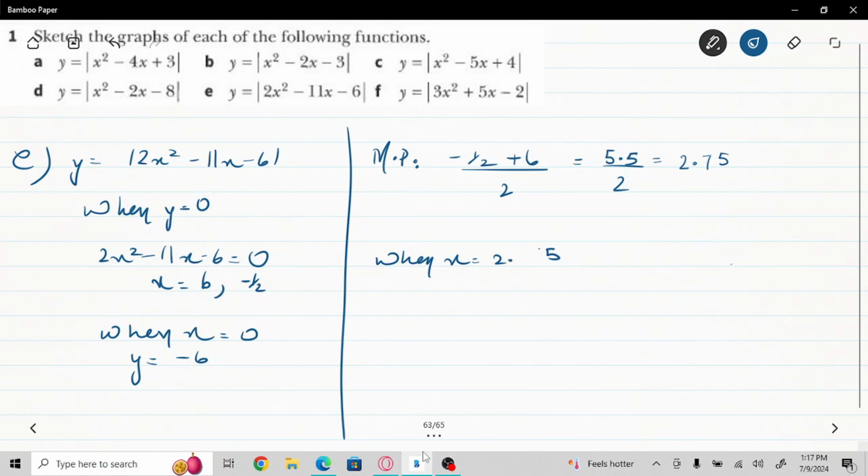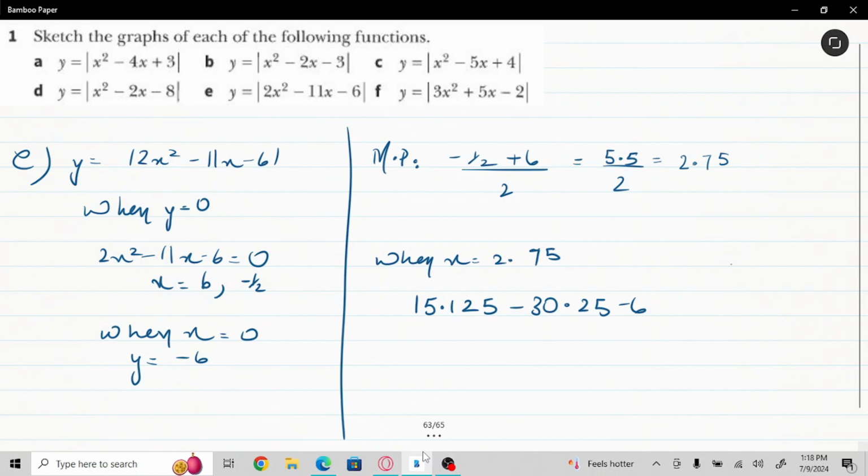So what's going to be the y value? It's going to be 2.75 squared multiplied by 2, you're going to get 15.125. 15.125 minus 11 multiplied by 2.75 is going to be 30.25 minus 6.